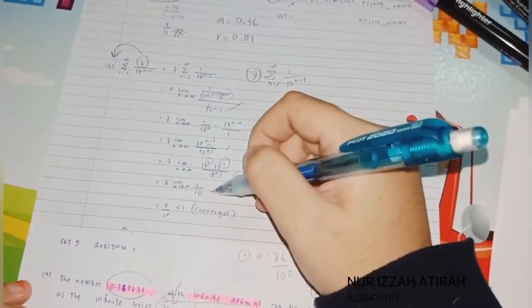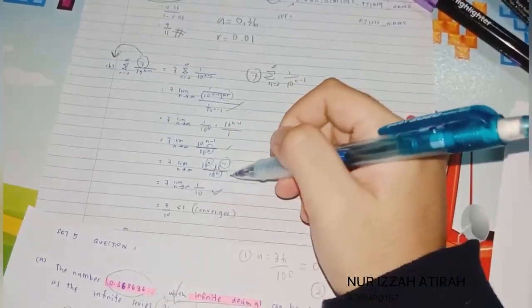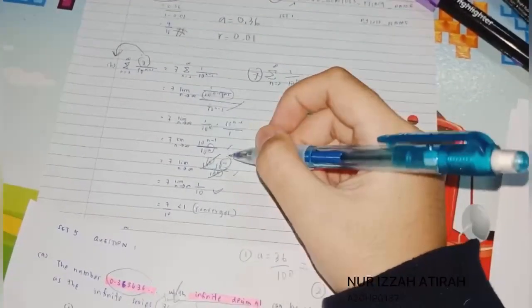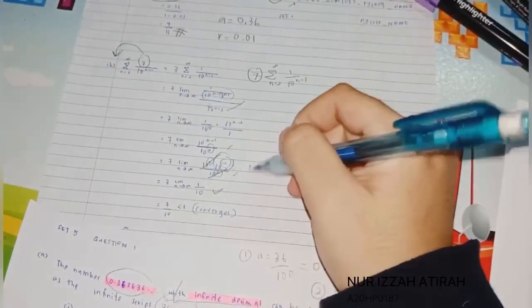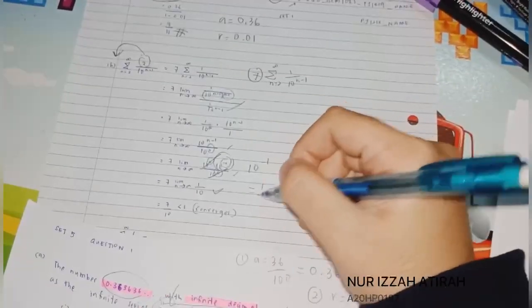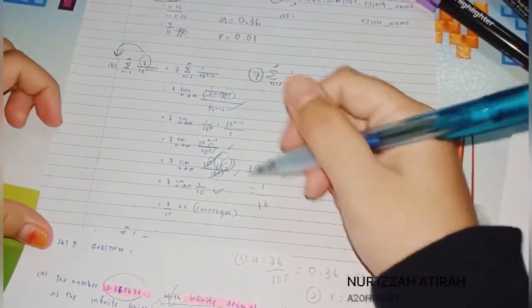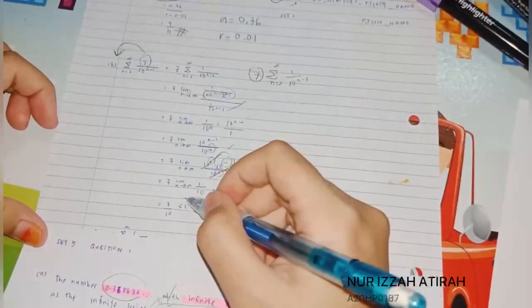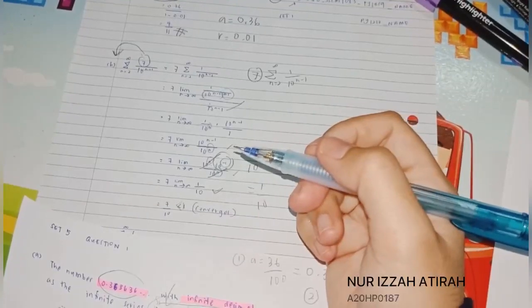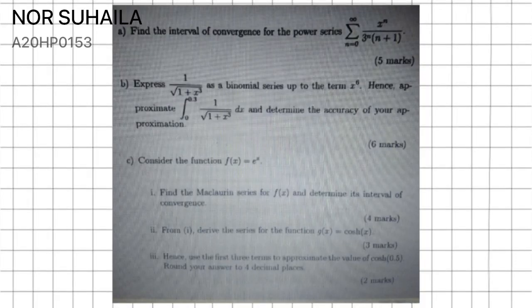So next, 7 limit n to infinity, 1 over 10. We cut it off, so just leave this 10 to the power of negative 1. So we get 1 over 10. Now we get that 7 over 10 is less than 1, so that means it is convergent. That's it.